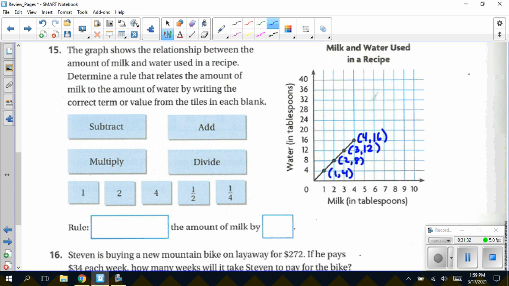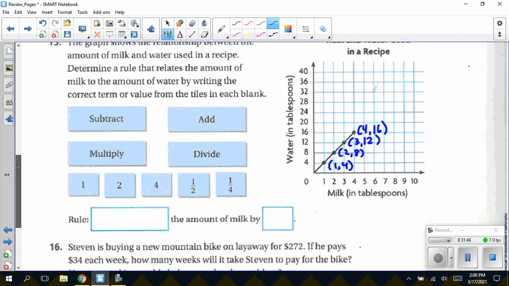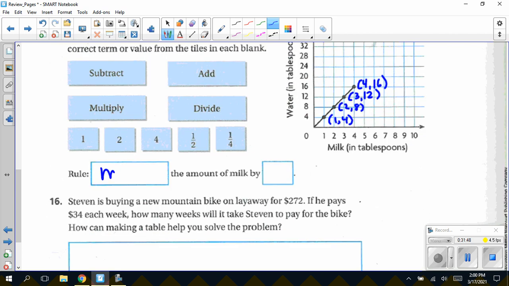How am I going from that 1 to 4, or my 2 to 8, or my 3 to 12, or my 4 to 16? Well, I notice for every x coordinate, if I multiply it by 4, that equals my y coordinate. So my rule is to multiply the amount of milk by 4.